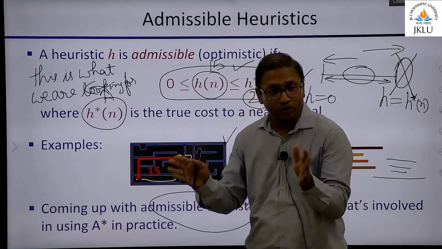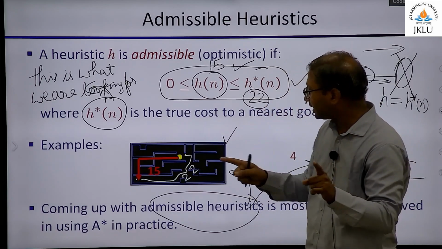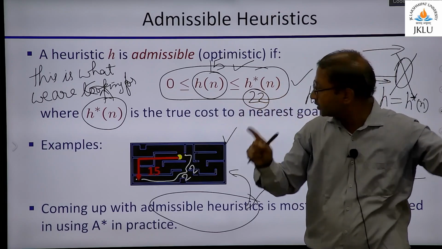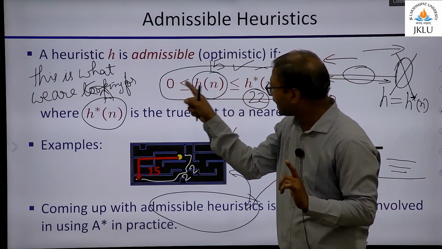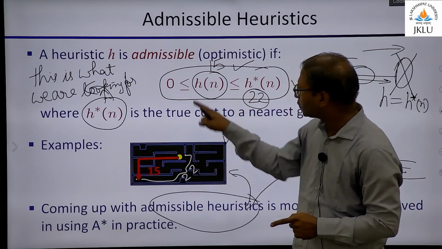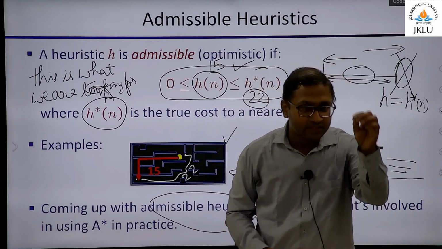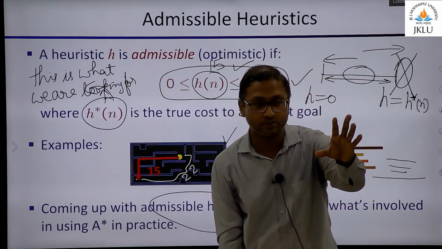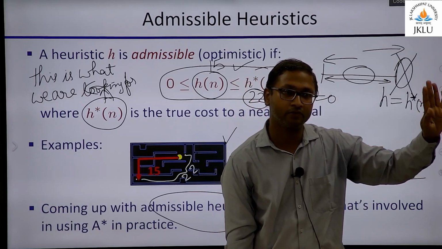So we are not bothered about what is the cost, we don't care. What we care is that H heuristic should be lesser than H star. So it should lie in this range. It can be 15, it can be 10. In fact, if this is 22, it can be any number between 0 to 22. You are just putting a constraint on H. Whether it makes sense or not, we don't care.